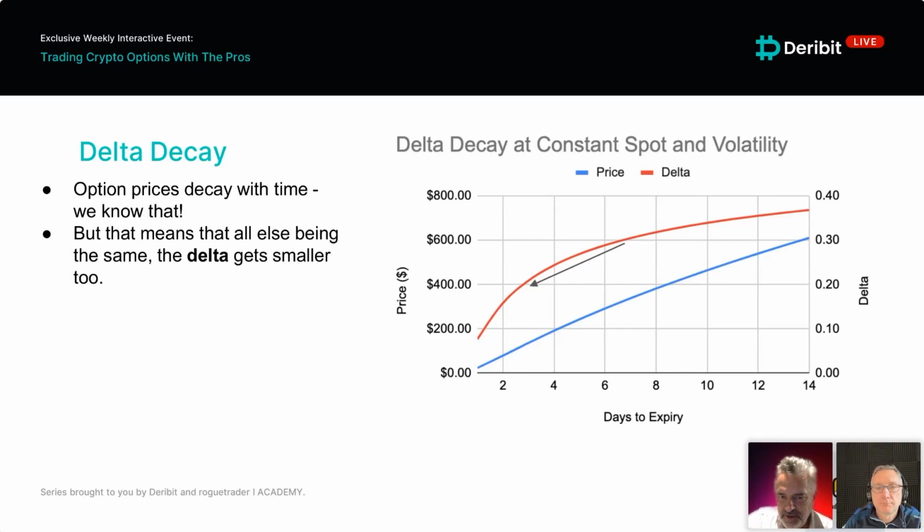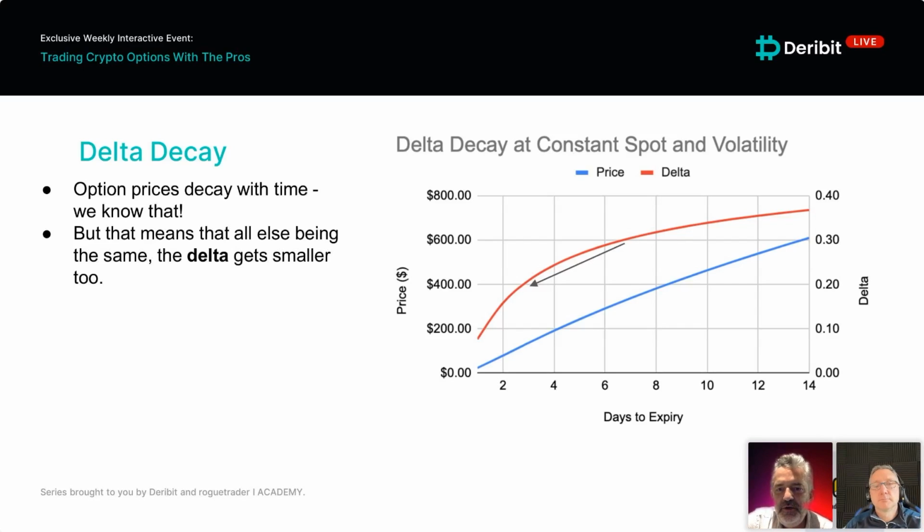But this time, the x-axis of the graph is the days to expiry. So when we sell that option at 14 days to expiry, we've got it worth $600. I'm pretty sure in the other graph it was $300. That must be a different strike I'm doing. Anyway, it doesn't matter. And the blue line's axis is on the left hand side, right?